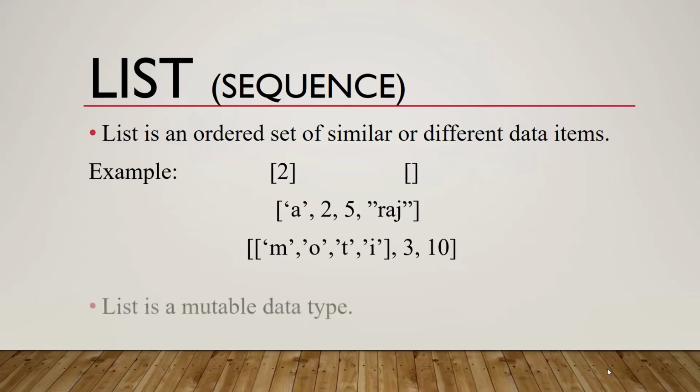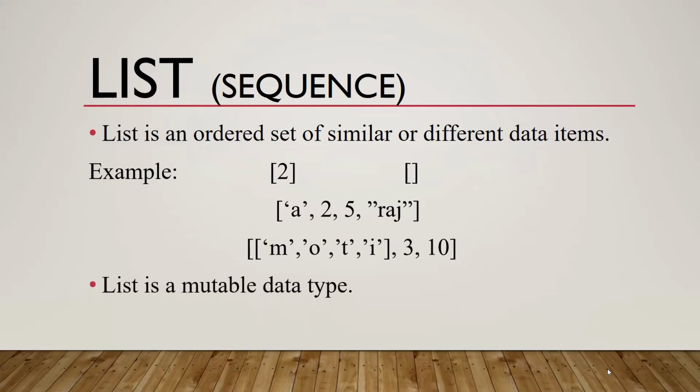Lists are mutable in nature, so we can change a particular element in a list or we can delete an element from the list. We can use indexes in a list to access, delete or modify an element. We can use the remove function and pop function to delete an element from a list, and to insert a value we can use list.append or list.insert.